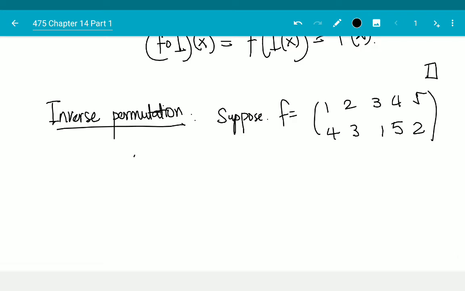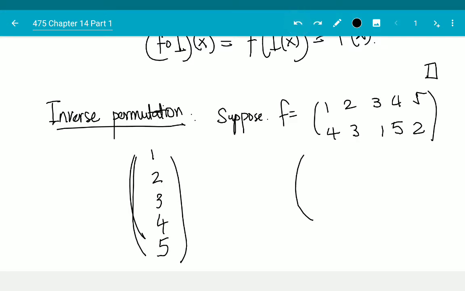In terms of image, it looks like 1, 2, 3, 4, 5 going to 1, 2, 3, 4, 5.